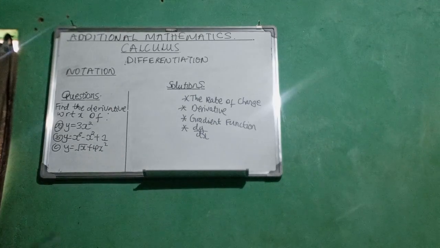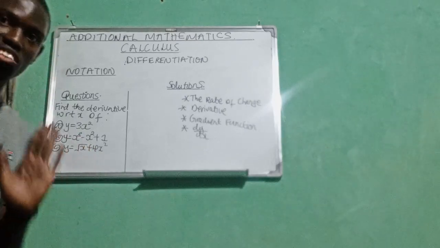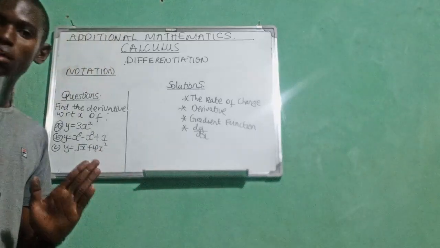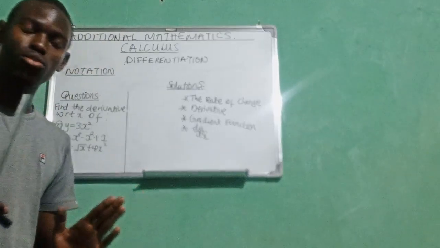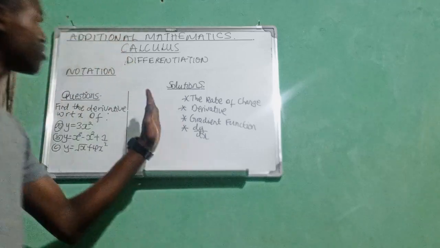They all represent one thing. You are finding the derivative, it's the same as saying you are finding the gradient function, the same as saying you are finding the dy dx, the same as saying that you are finding the rate of change. All these things are the same.